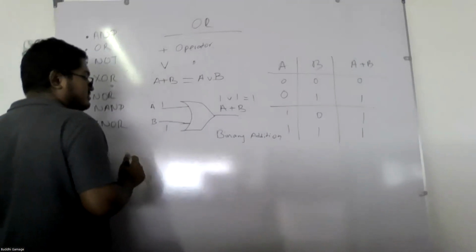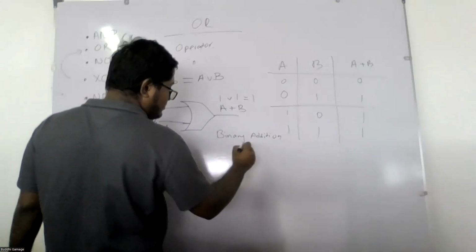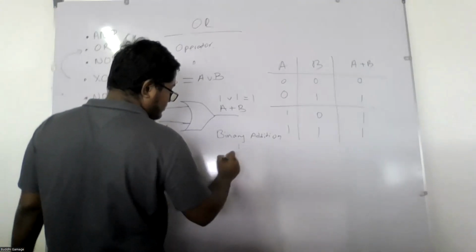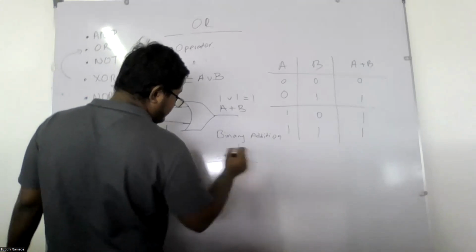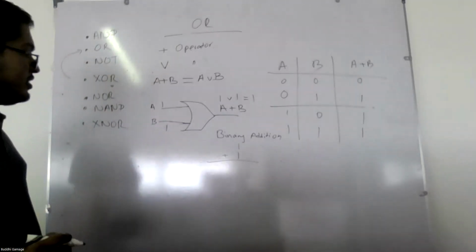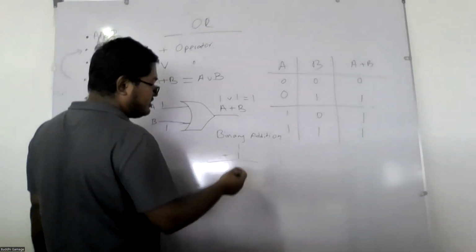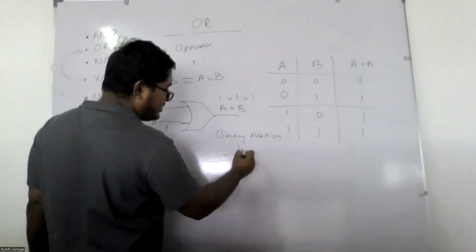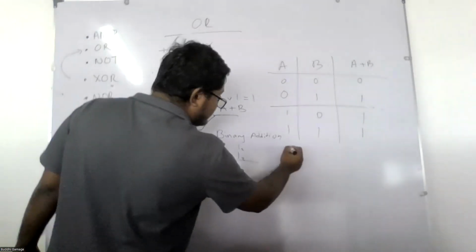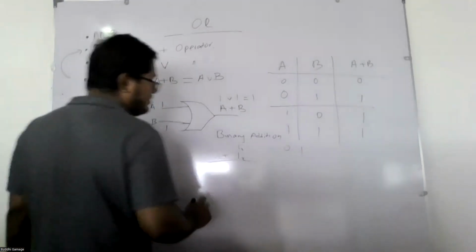In binary addition, that means 1 plus 1. Now this is the summation operator, and it means we are adding those two. These are binary, meaning only 0 and 1 will be there.